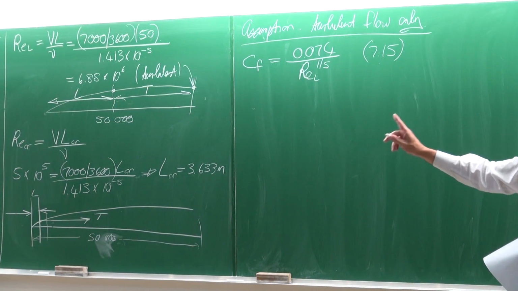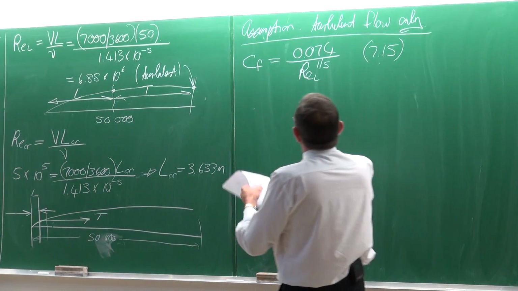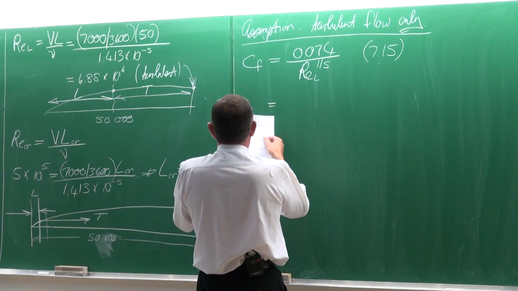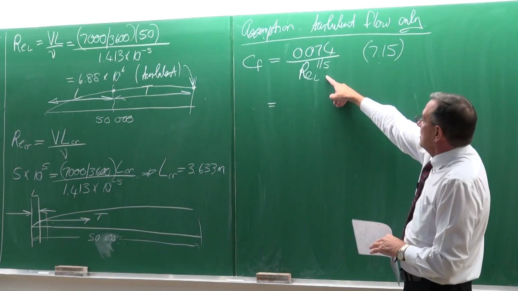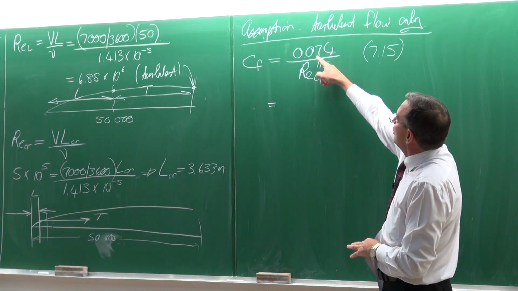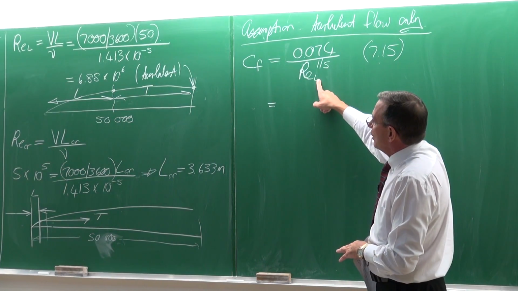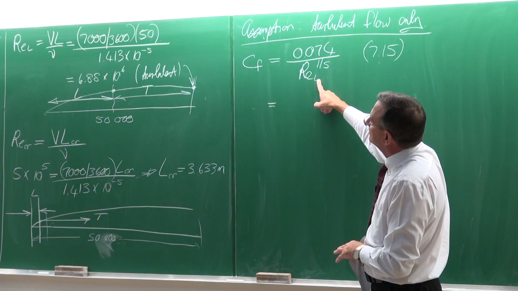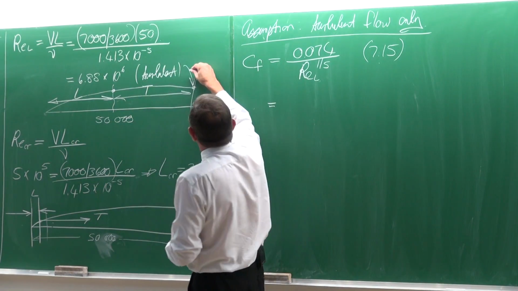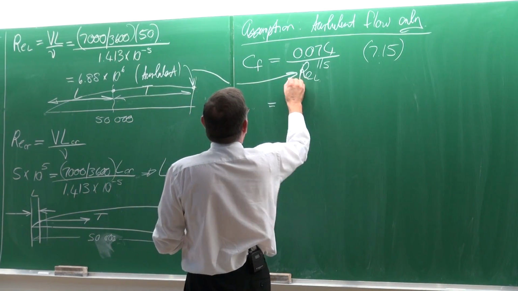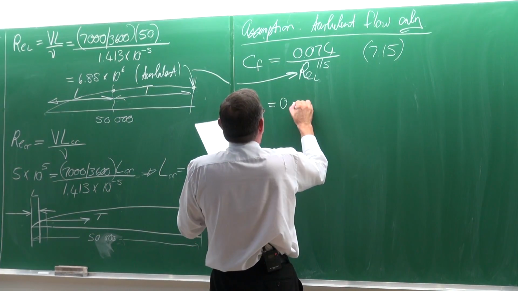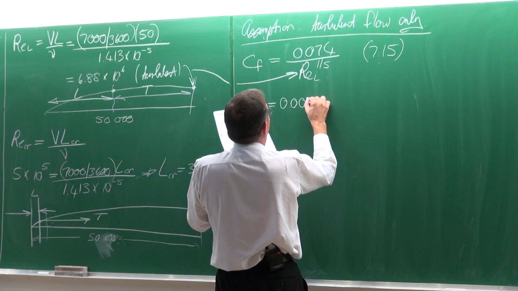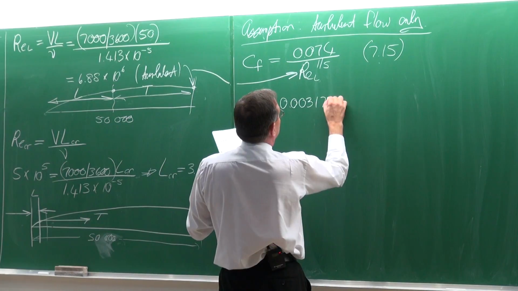Take note, it's for turbulent flow only. If we put in the value there, I'm quite sure you can do it yourself, 0.074 divided by the Reynolds number. Just put it in there, and then you get that the CF value is equal to 0.003175.